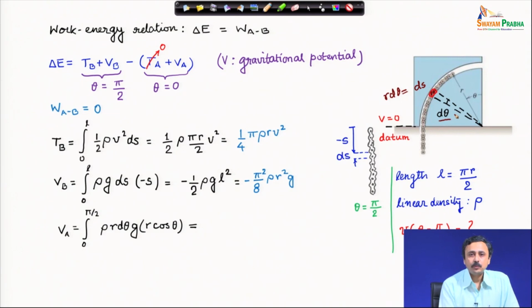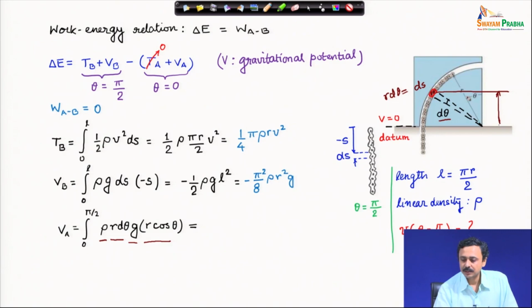I have to calculate the potential energy of this little element. First, rho is the mass per unit length, r d theta is the length, therefore, rho times r d theta is the small mass of the element, g, and height of this element from the datum. Now, height from the datum is this.